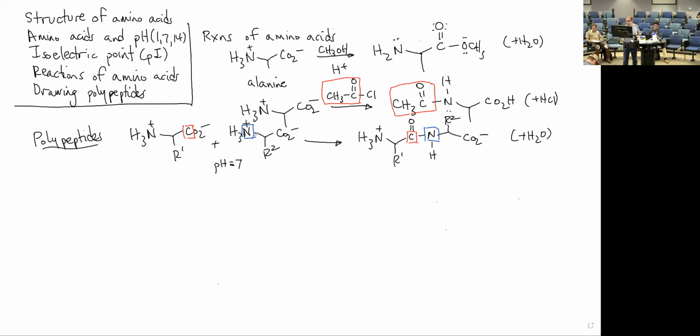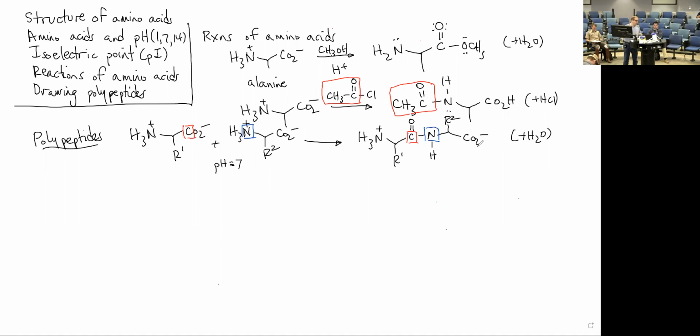And then one could imagine a carboxylic acid group of another amino acid coming along and forming an amide here. And then again, then again, then again. One could imagine an amino group from another amino acid coming in over here and making an amide. Then again, then again. So you can see this can go on as many thousands and tens of thousands of times as you want. And that's how you go from a small polypeptide to a protein.